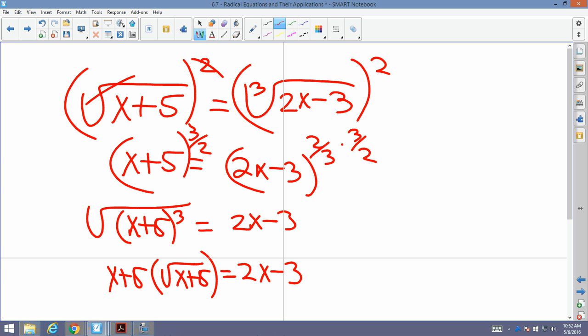Now, I could solve this by squaring both sides, which I'm not going to do, because it's going to get pretty ugly. But I can square both sides, and I will eventually find an answer. So the answer to your question is yes, you can. It's going to be very long and very tedious.